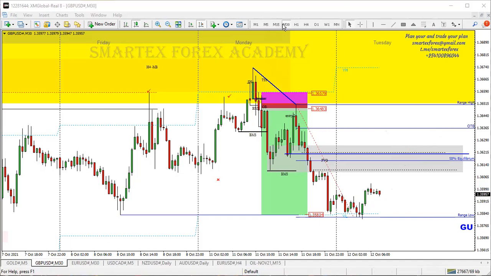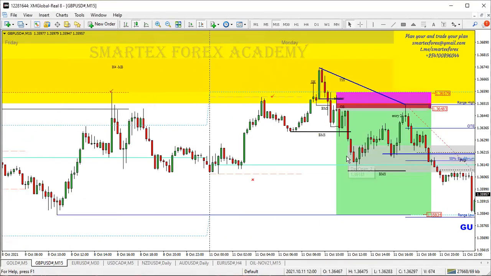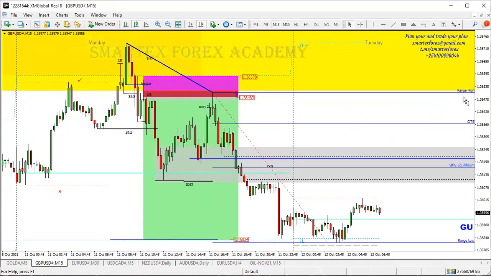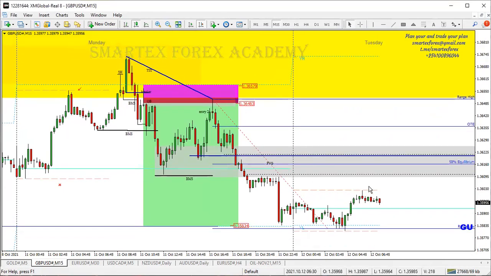Now, the next thing you're supposed to look at is this M15 to see what we have. This is our accumulation zone, which is the Asian range. Then you expect we have buy side liquidity, buy stop liquidity, sell stop liquidity.